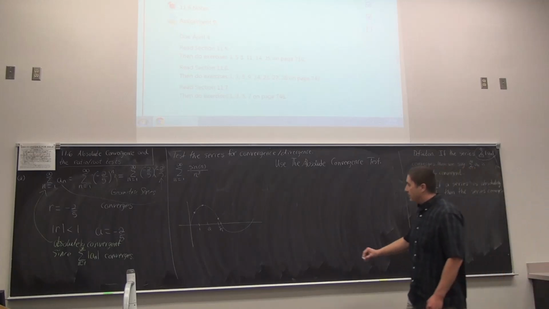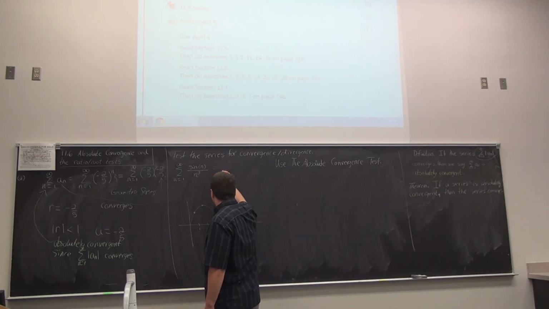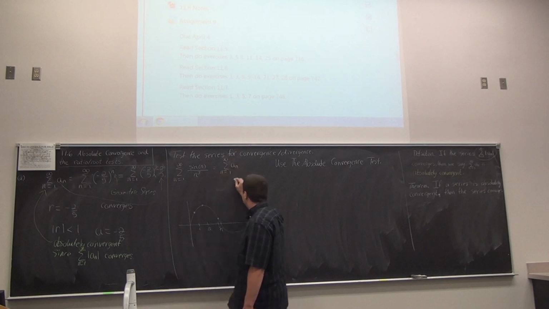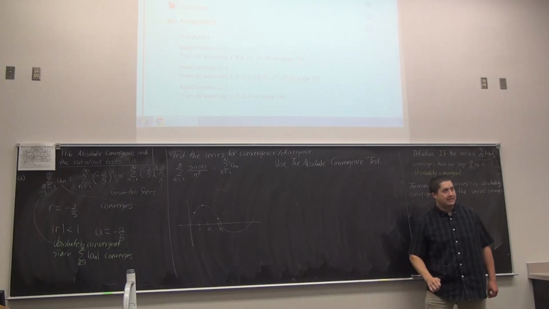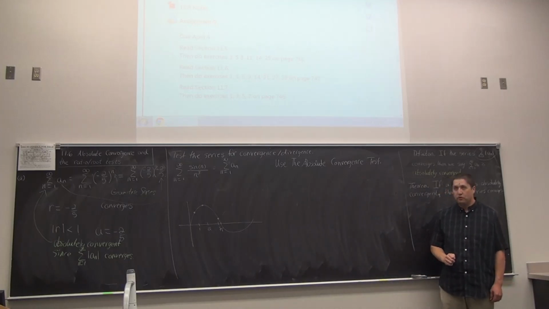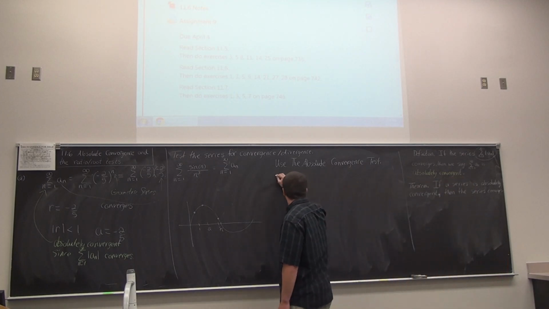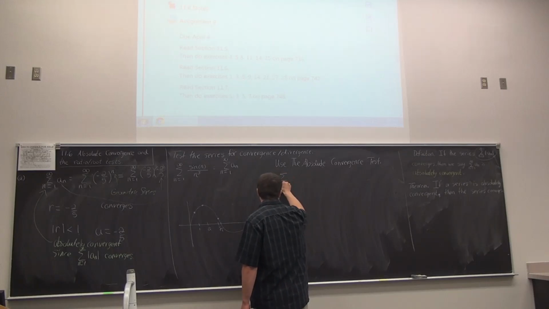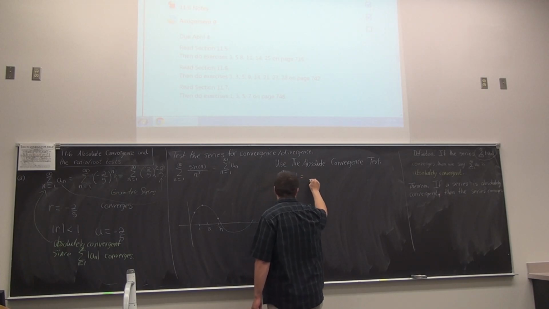But let me add just a little bit to this problem. Let's call this the sum as n goes from 1 to infinity, a sub n. That way we don't have to rewrite the entire series every time we refer to it. We'll just use that as an effective variable. So now we're going to consider the summation as n goes from 1 to infinity of the absolute value of a sub n.